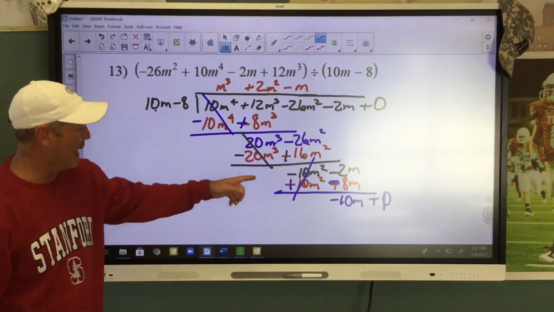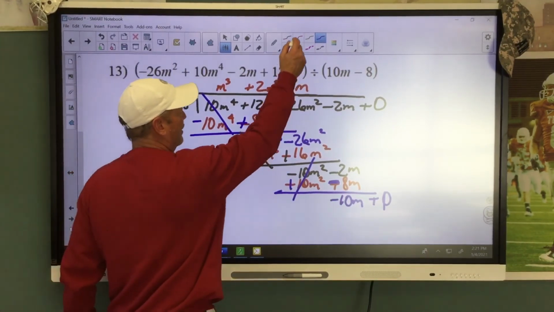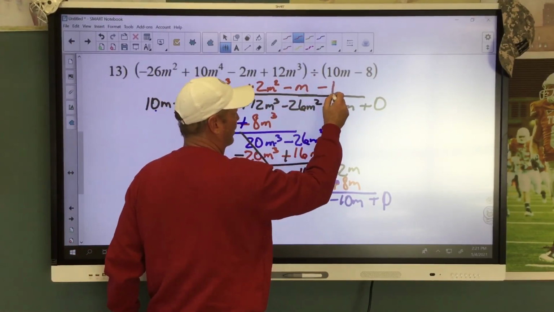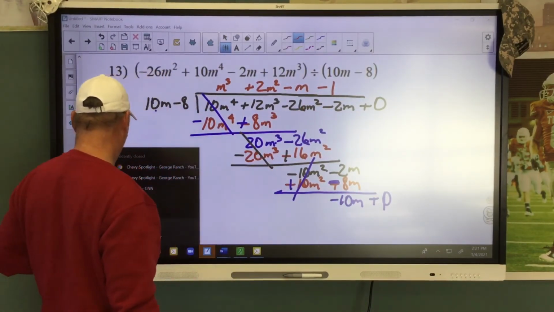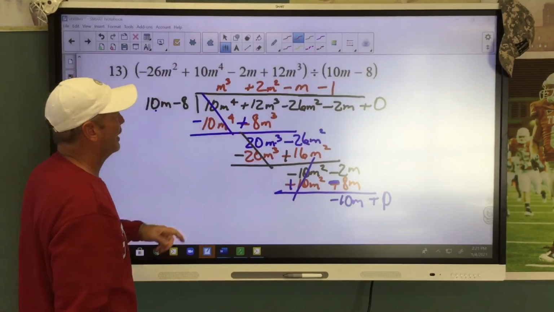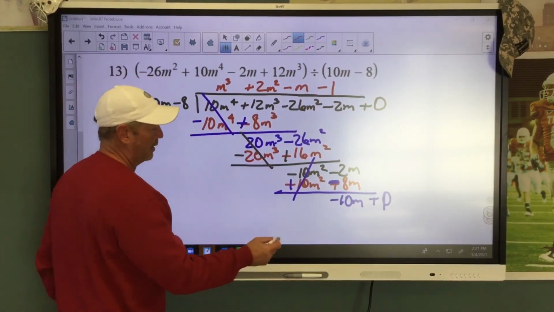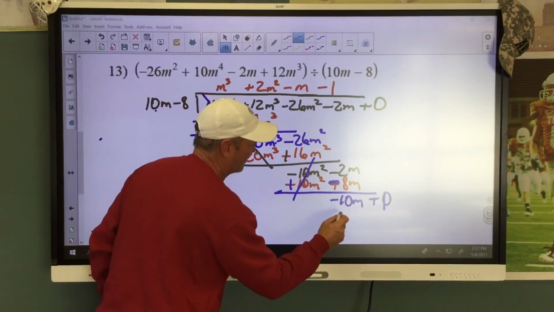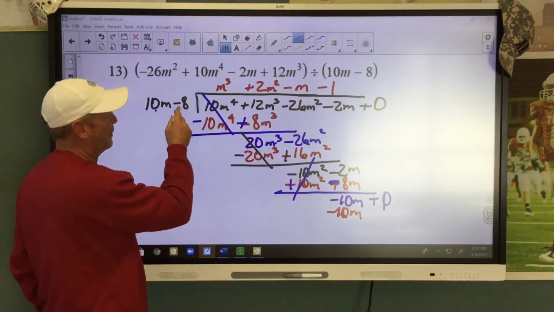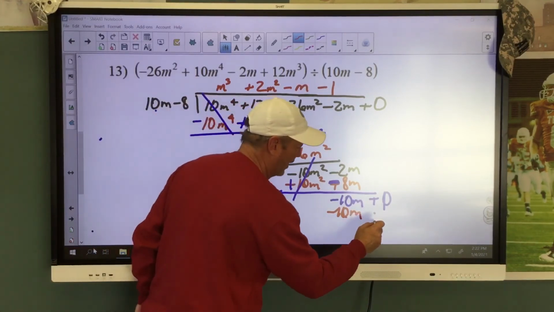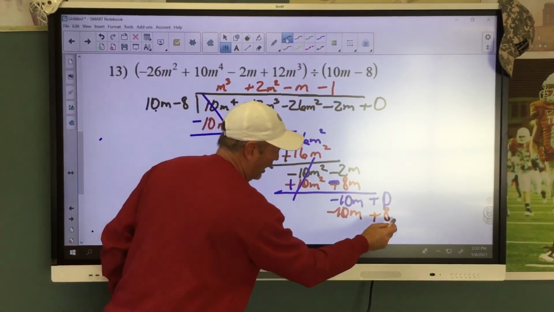I need those to match. They're close, but I'm going to multiply times negative 1. Because negative 1 times 10m is going to give us a negative 10m. Negative 1 times negative 8 is a positive 8. We're going to draw a line.